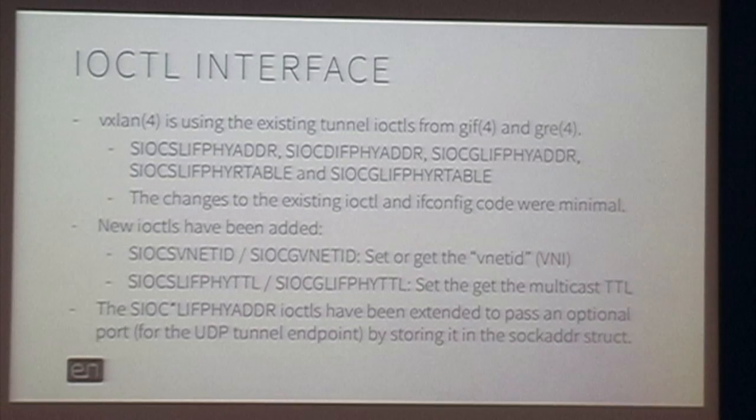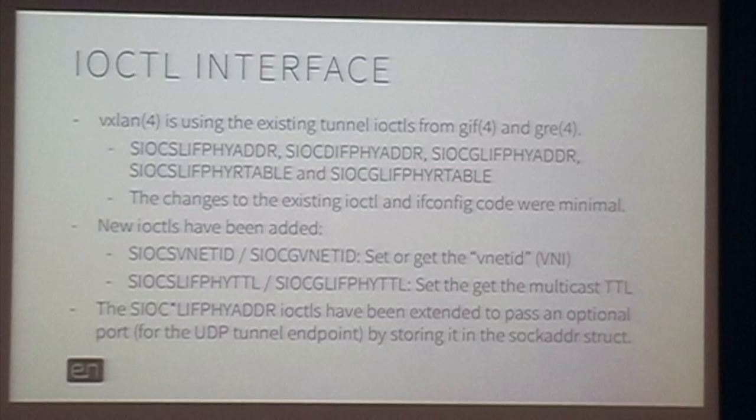I just added these new IO-CTLs to set the virtual network ID on the tunnel as well. I called it VNet ID to have a name that's not specific to VXLAN, basically. At the moment it's only used by VXLAN, but other overlay network protocols can use the same interface.